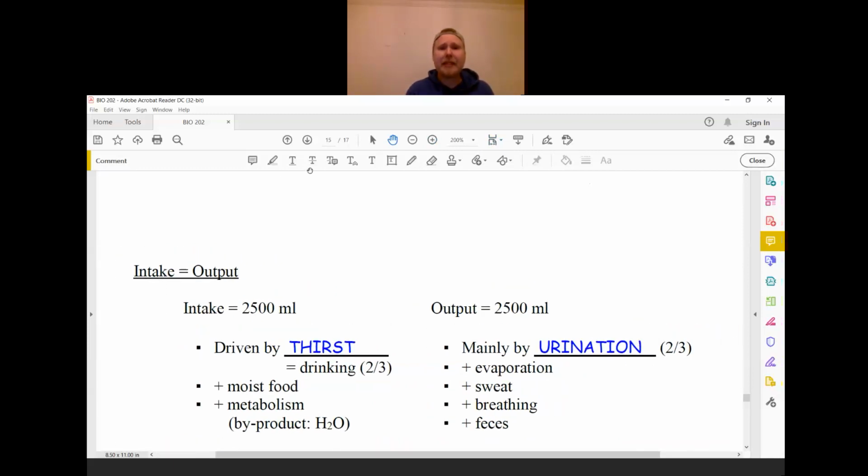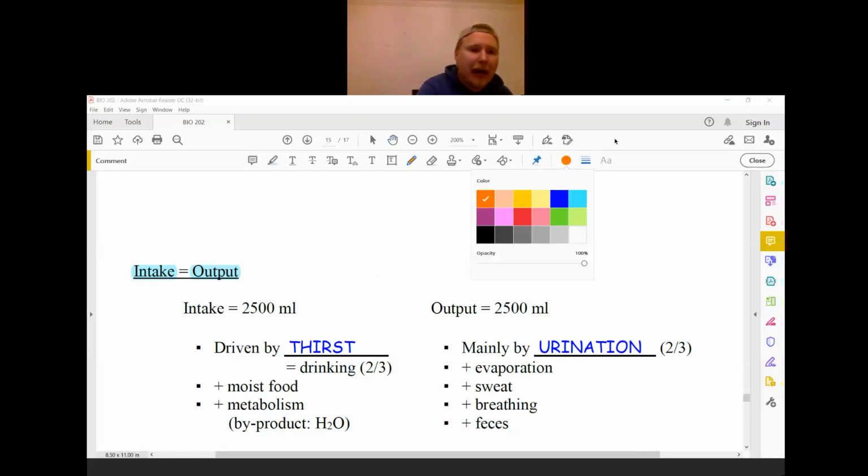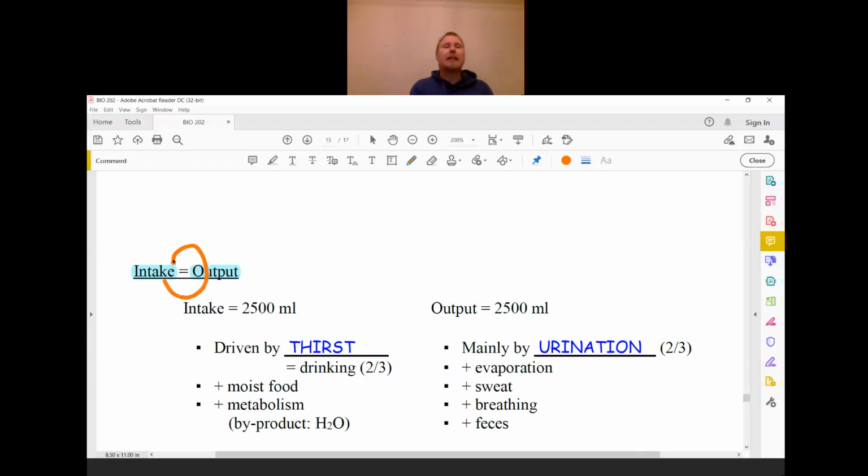I have discussed with you a little bit about the intake of water and output of water. And one big thing that we noticed was that these two should be in balance. So we should be taking in the same amount of water as we are losing every day. The intake of the water was driven by the thirst.